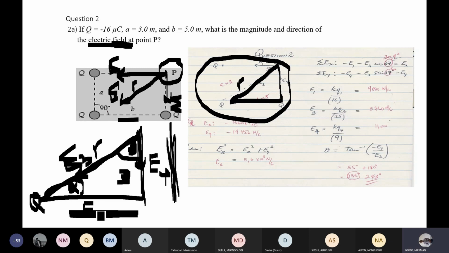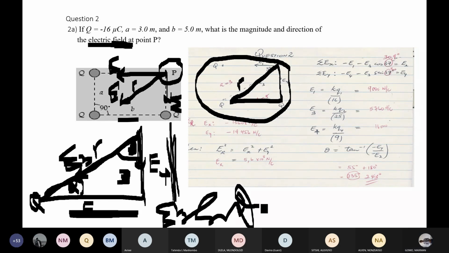So your horizontal component this side is going to be E3 sine theta. That's your horizontal. So your vertical is going to be E3 cos theta. Bear that in mind, that it's no longer what it used to be. Now it's a different case. So your horizontal with respect to E3 is going to be E sine theta. Then your vertical is going to be E cos theta.